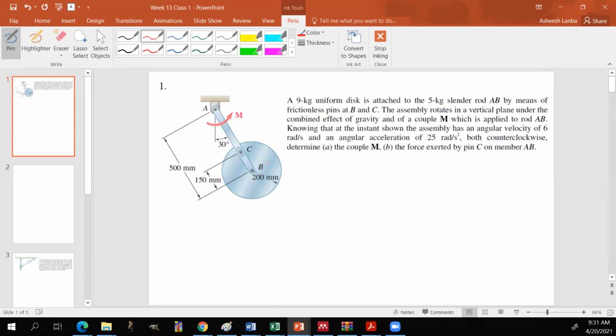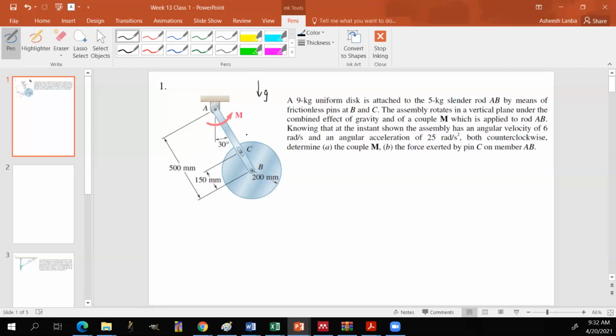So we've got this 9 kilogram uniform disc, and it's attached to this slender rod AB by means of frictionless pins at B, and also there's another pin at C which comes through from the disc and has contact with the rod. It's rotating in a vertical plane, which basically means that gravity is acting downwards, and there is a moment applied to the rod AB, which is causing this motion.